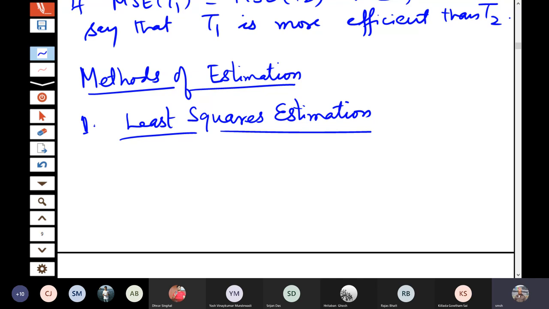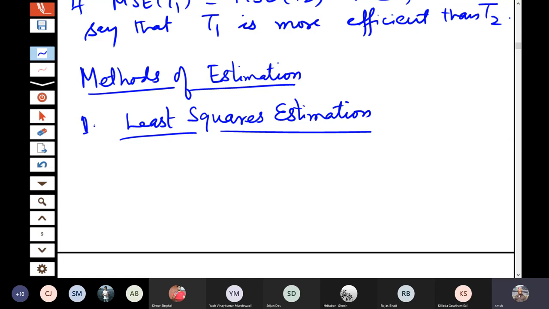They were checking the elliptical path of how the different planets are moving around the sun. Now they had certain planetary observations based on the telescope. From the telescope they used to take certain observations, and then they had to use them for estimating the true distances. So what Gauss did, he fitted a model actually.